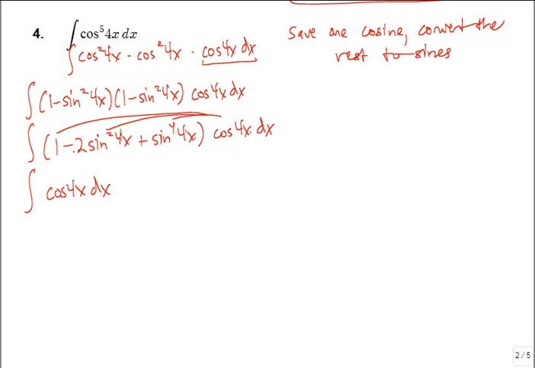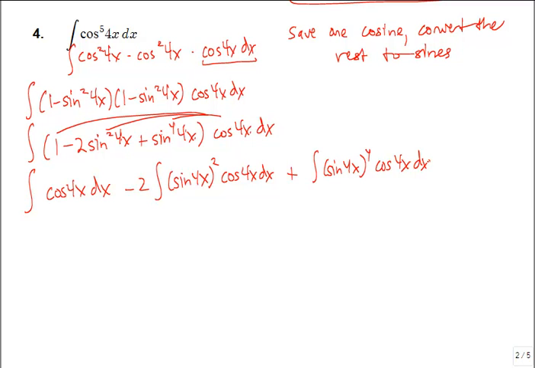I'm going to go ahead and take this minus 2 and pull it out, and I'll get sine of 4x, and that one was squared, times our cosine 4x dx, plus the third one here is sine of 4x to the 4th times cosine of 4x dx. So I just made an integral for each of these three pieces with that cosine 4x on the side. Now we're ready to integrate.